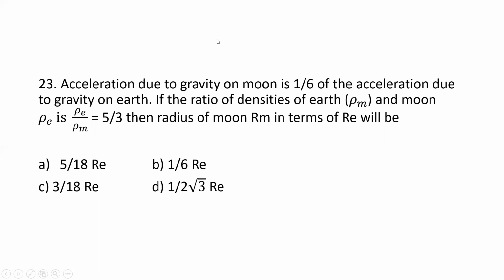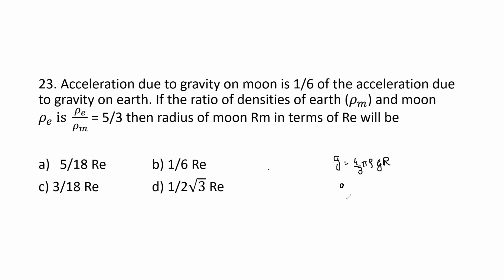See, the acceleration due to gravity g is equal to 4 divided by 3 pi into rho into G into R. This is the acceleration due to gravity equation.